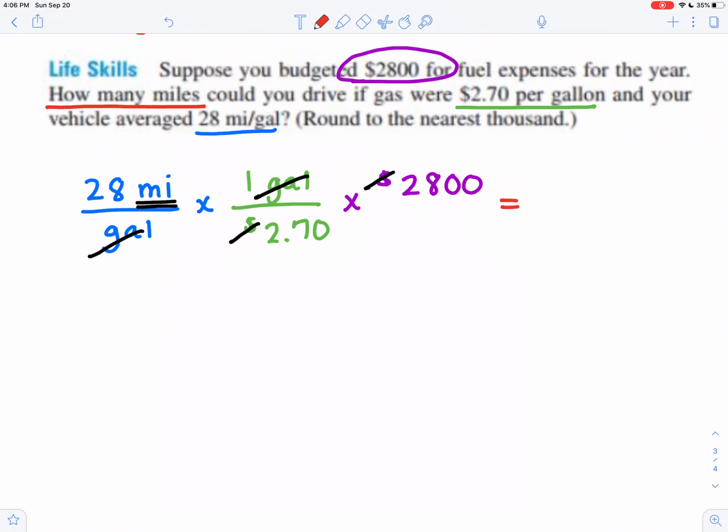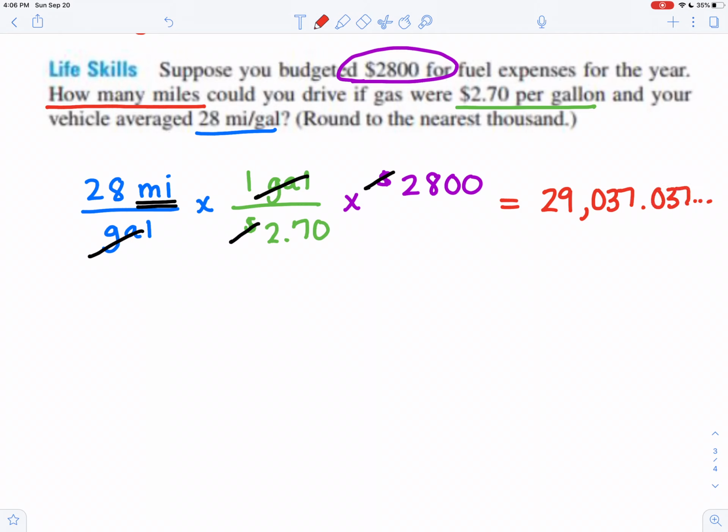So now all I have to do, like we did back in chapter 5, is multiply across the top. So 28 times 2,800, divide by what's on the bottom, which is 2.7. That's going to give me a value of 29,037, and I do have some places after the decimal.